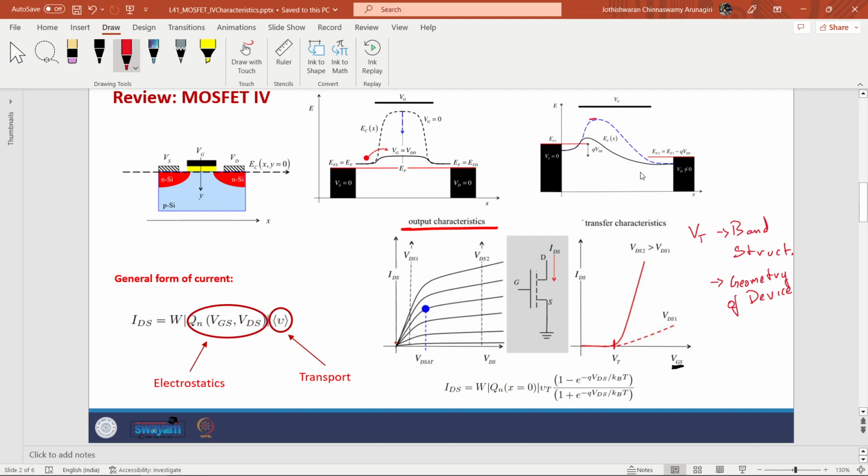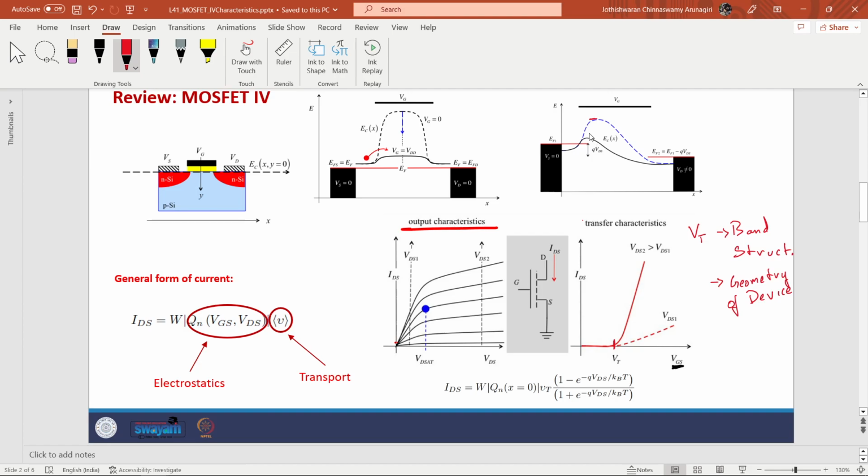I want the height of the barrier to be controlled by the gate voltage, and the slope of the barrier towards the source side or the drain side to be controlled by VDS. But as we discussed in short channels, especially when VDS is high, the drain voltage will also have an effect on the barrier height, and that is illustrated here. As my drain voltage is increasing, the barrier height is also automatically changing. This phenomenon is known as drain induced barrier lowering.